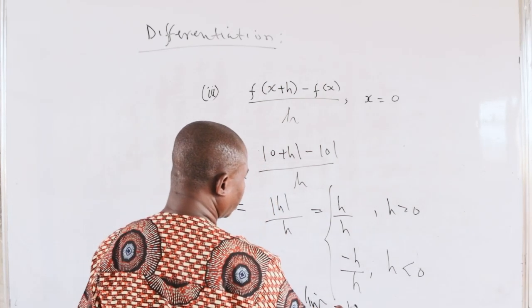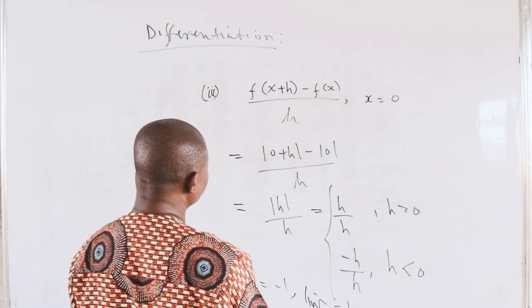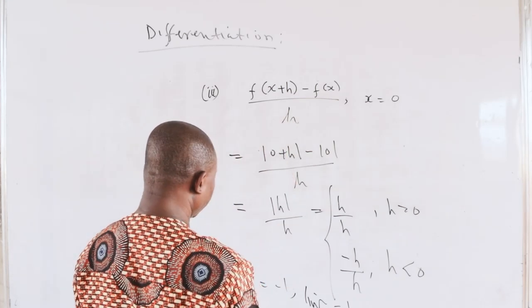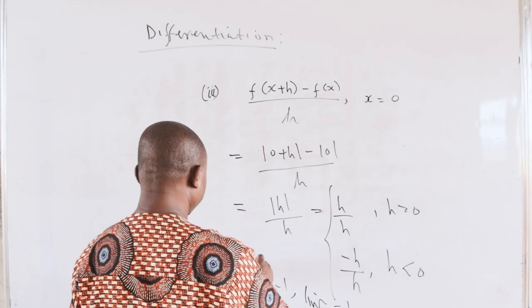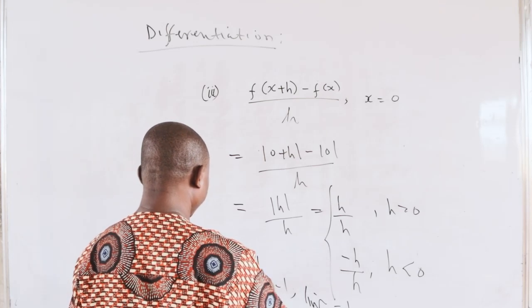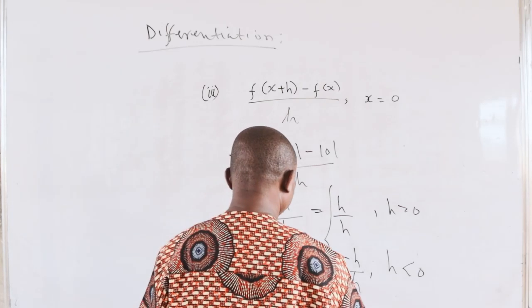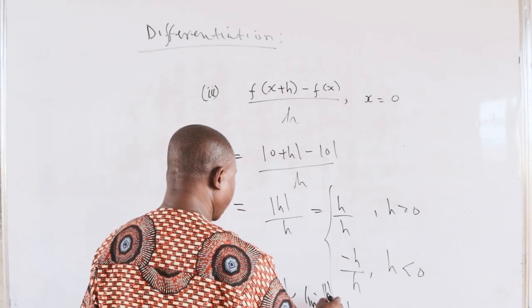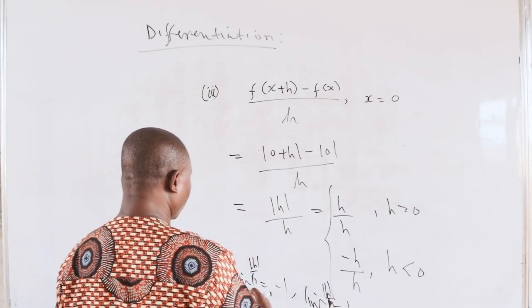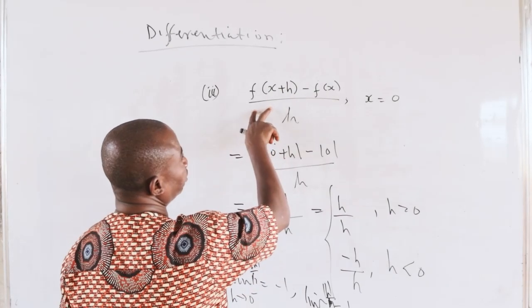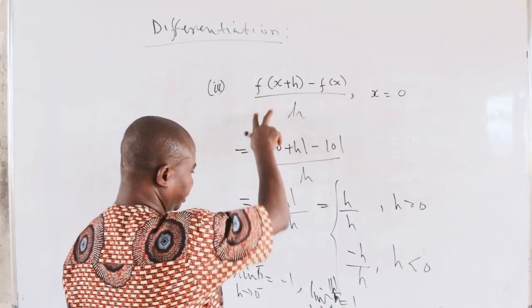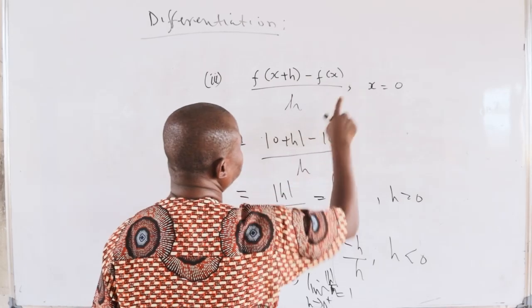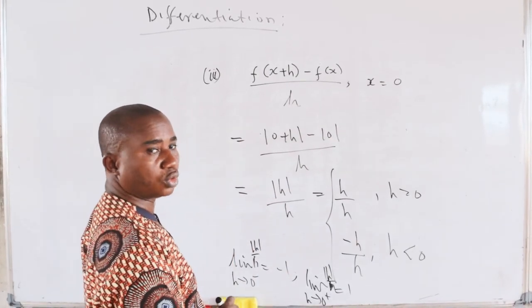Since minus 1 is not equal to 1, we conclude that this limit does not exist. So since this limit is not equal to this, then this limit does not exist. And so this function is not differentiable at the point x equal to 0.